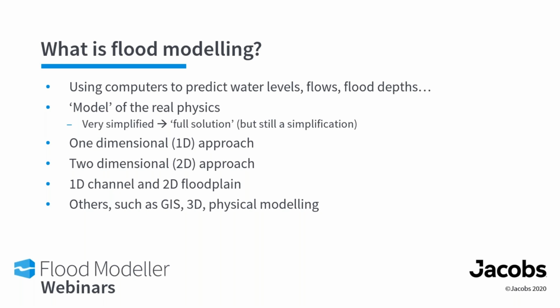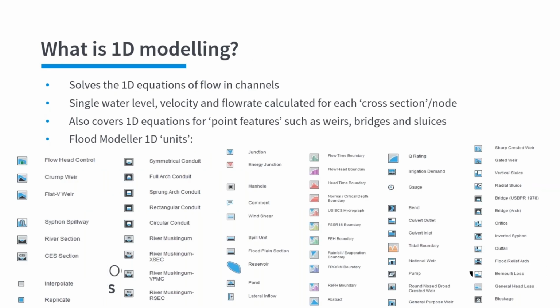But there are other approaches ranging from much simpler GIS type approaches, filling in volumetric analysis or a horizontal projection, through to 3D solvers, through to physical modelling, which still has a place, but a much more limited place now in flood analysis. So let's work through some of that terminology.